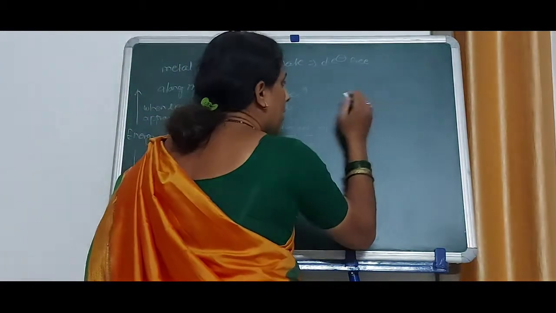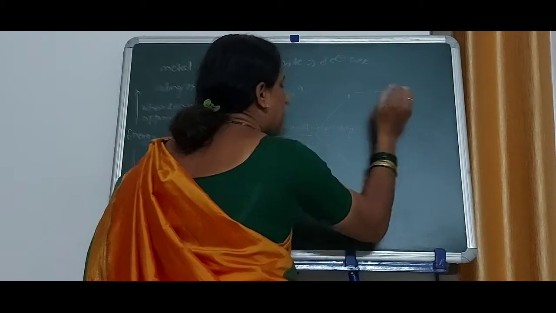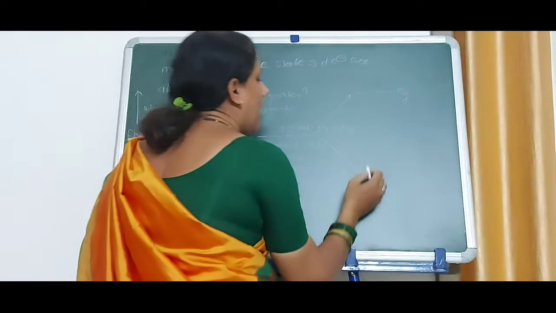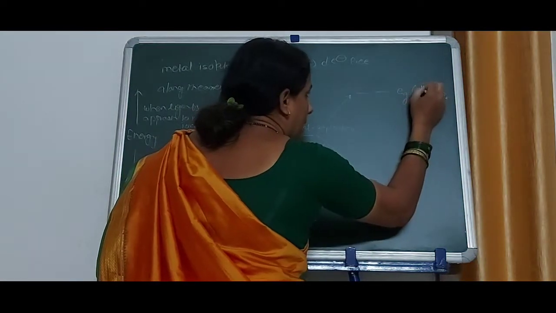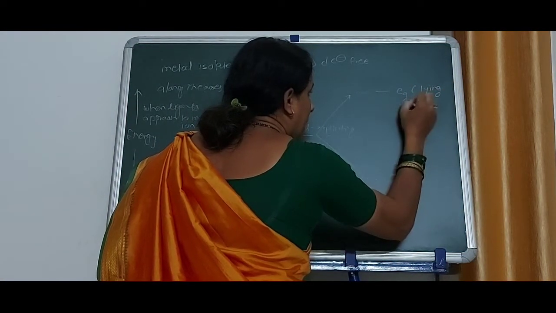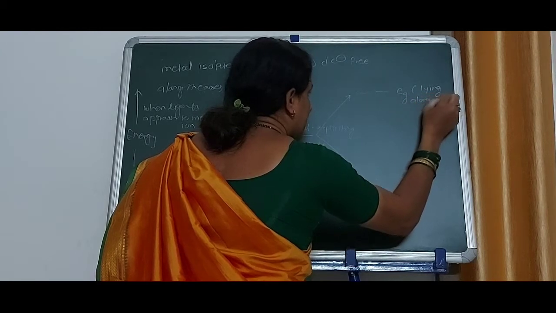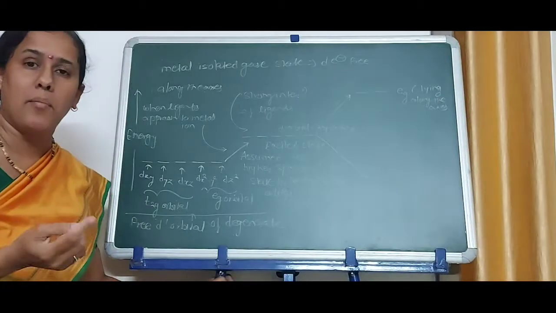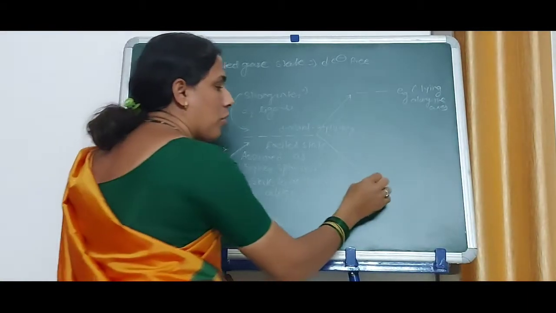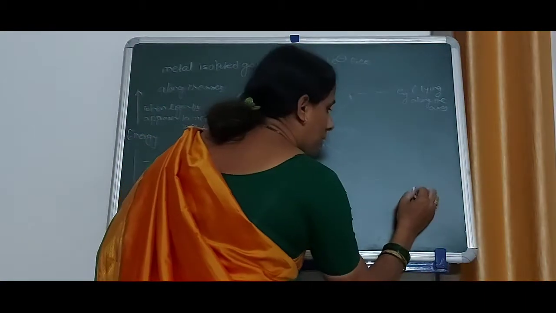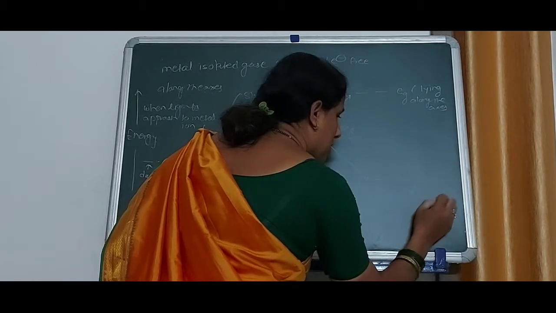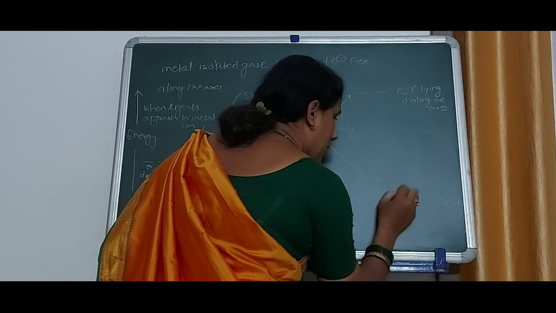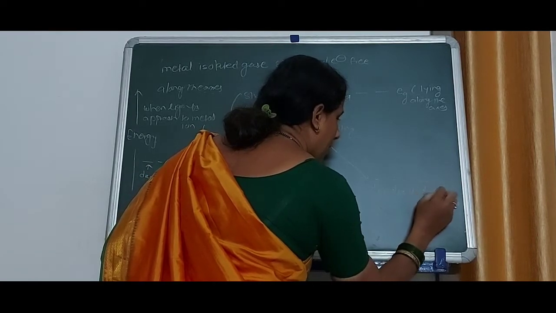Therefore, here the eg orbitals possess higher energy, and those are lying along the axis, and those orbitals which lie between the axis occupy lower energy. That is of t2g orbitals, that is dxy, dyz and dxz.